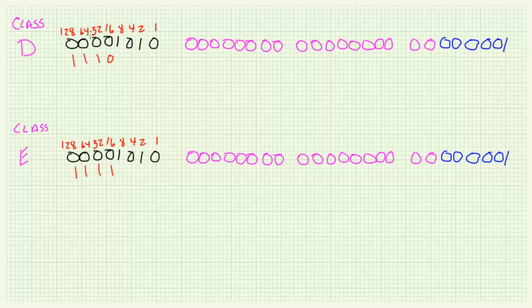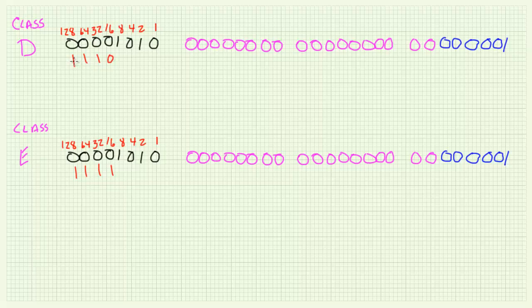So for Class D, we just continue the same pattern. We just move the 0 over one more position, so the rule says that for a network to be a Class D network, the first 4 positions of the first octet have to be 1110. So what does the range for that look like? Well, if we set the rest of the entire 32-bit number to zeros, except for these first 4 bits here, which are fixed, if we take 128 and 64 and 32 and add those up, we don't add 16 because it's a 0.